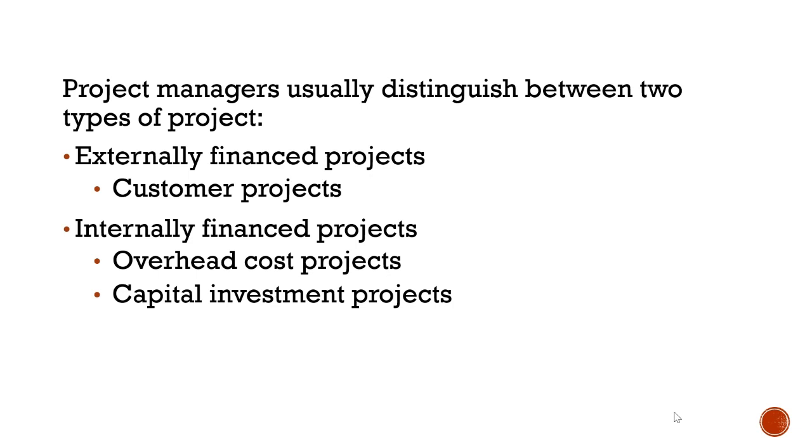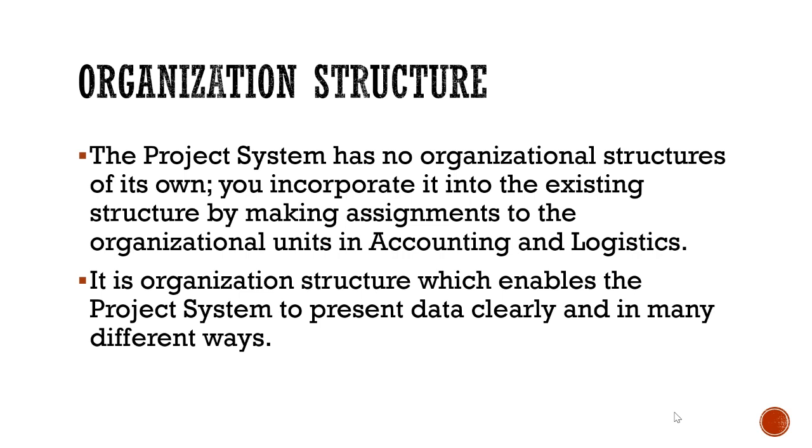I will give a brief outline of each project type, but in detail in the coming sessions or videos, whenever the process comes, I'll be explaining it in particular, and you'll understand in detail. For now, this is just an introduction. So until here, it's fine if you are aware of projects. Okay, in the next slide, let's see the organization structure.